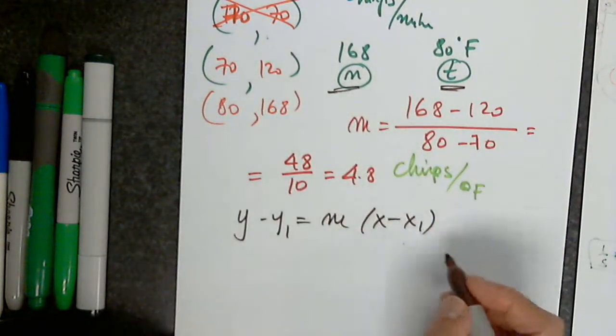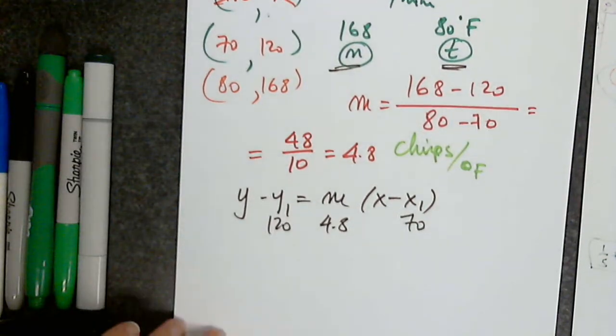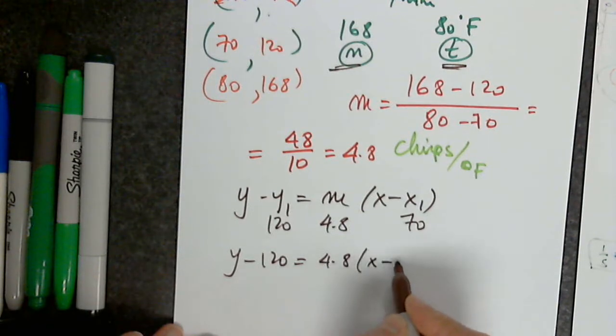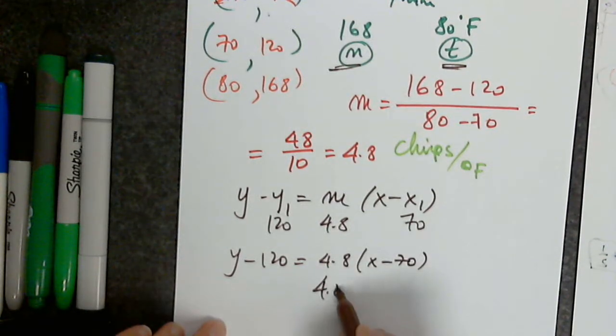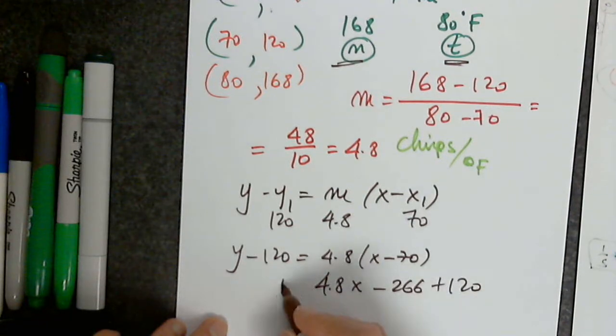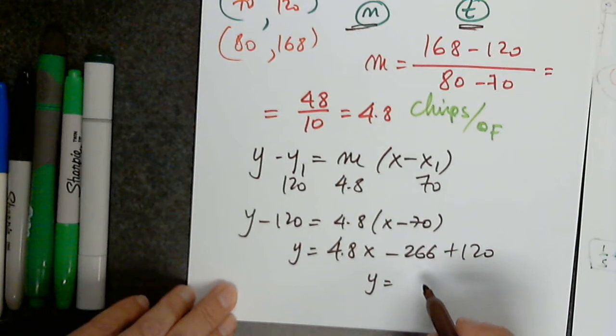So let's say I'm using the first one with 70 and 120 and 4.8. So y minus 120 equals 4.8 times x minus 70. So 4.8x minus... correct me if I'm wrong. Is that correct? It's 330. Oh, yeah, it's 330.